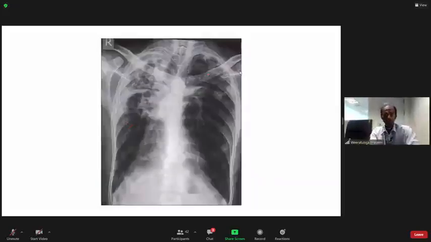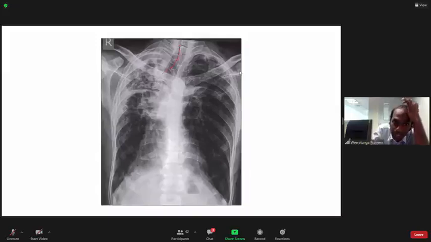Again, very common X-ray. You can see this trachea significantly deviated to this side. Right? Volume loss. That means that there's volume loss. Whatever is going on here is causing a lot of volume loss. Right?